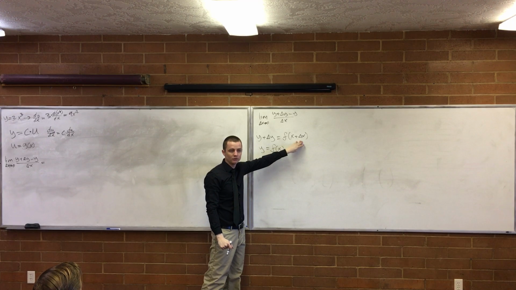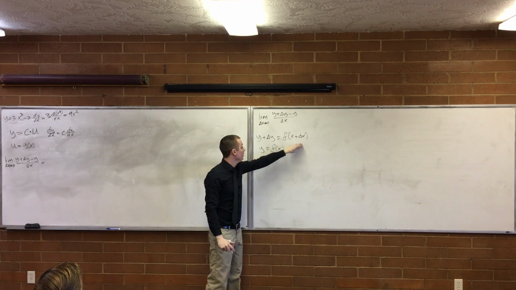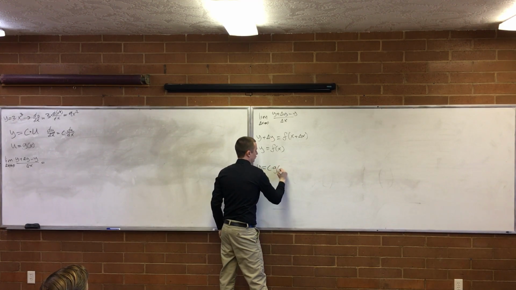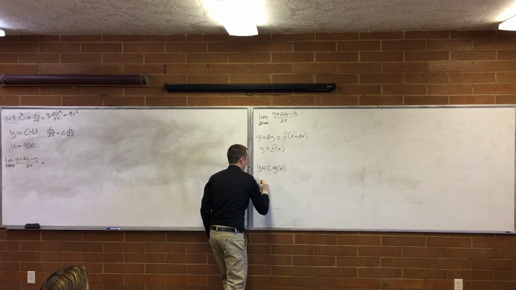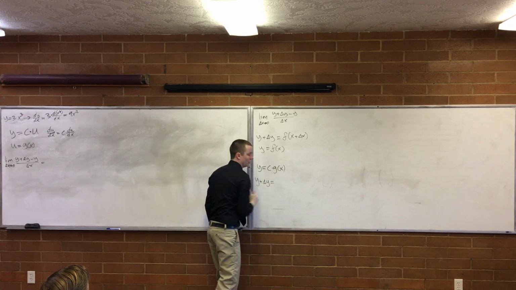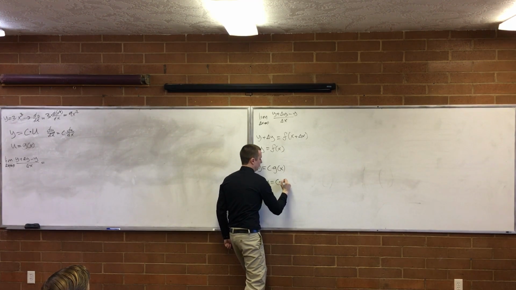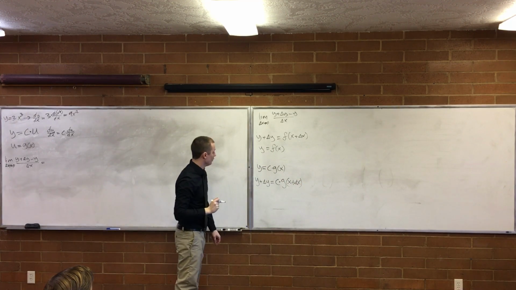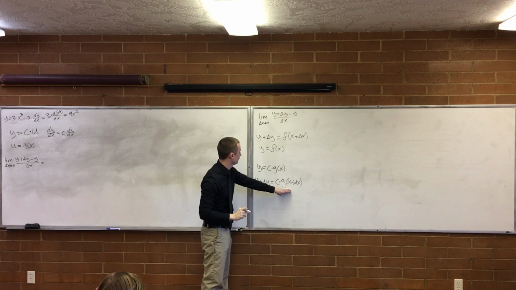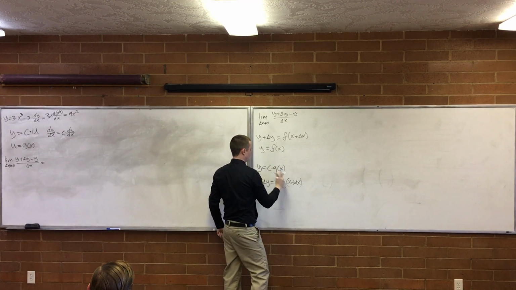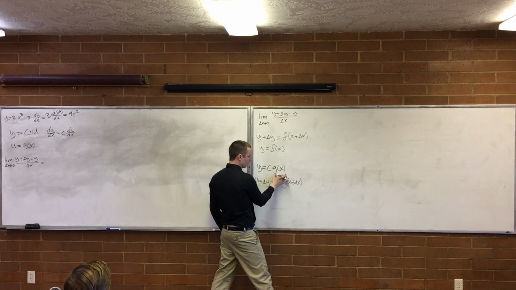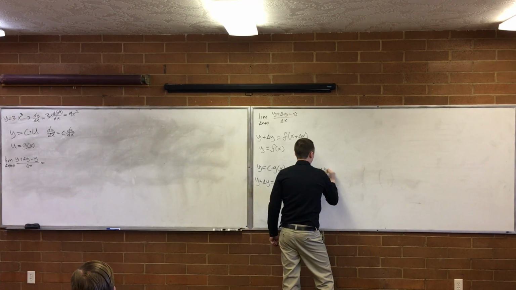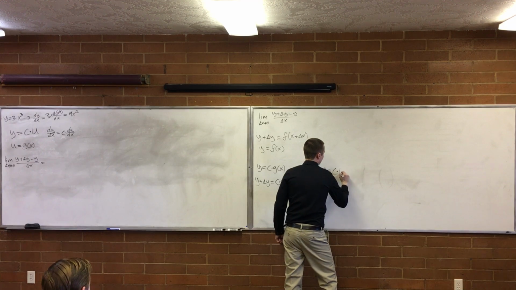Remember, this is what we're doing. It's what you're plugging into the function. So if y is equal to c times some function in terms of x, then y plus delta y is going to equal c times g of x plus delta x, right? What is g of x plus delta x if we say u equals g of x? Let's rewrite the same thing with u instead of g of x. We have y equals c times u.